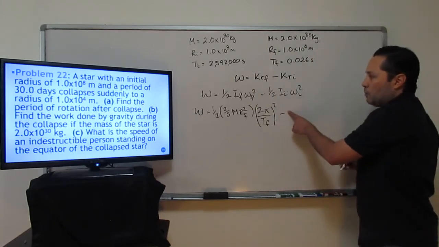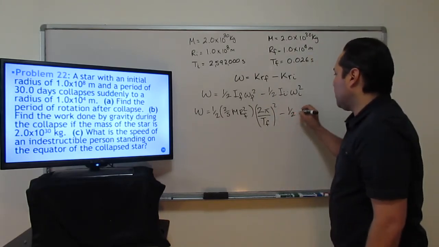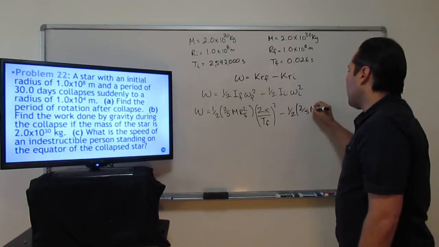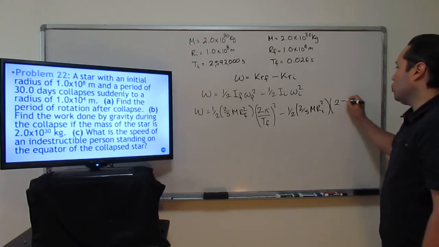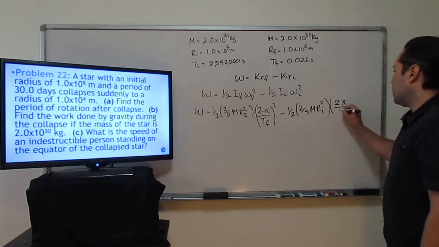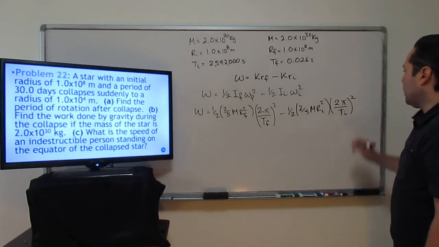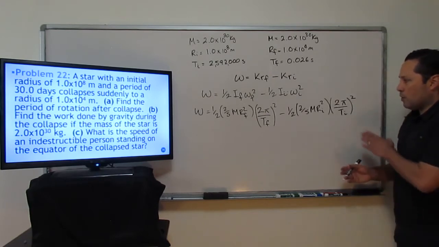Next, for the initial, it's going to look much the same way. 2 over 5 m r initial squared, and that's going to be multiplied times 2 pi over Ti, all of it squared. All right, so now we got our formula.